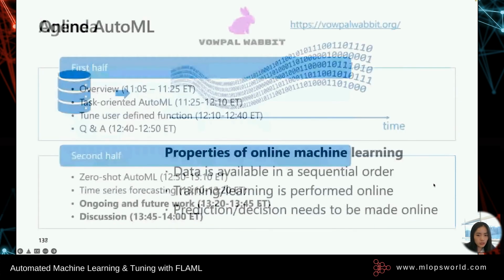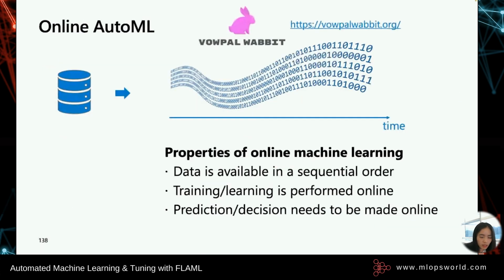The first work I'm going to talk about is online AutoML. The objective of online AutoML is to automate the tuning process of online machine learning. I guess many of you may not be very familiar with online learning, so let me first briefly introduce it. Online learning is a type of machine learning paradigm targeting scenarios with the following properties.